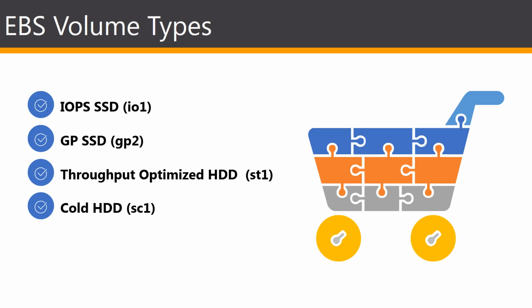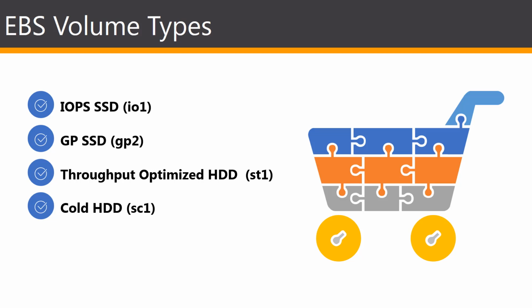The SSD-backed volumes include the highest performance provisioned IOPS SSD, or IO1, for latency-sensitive transactional workloads, and the general-purpose SSD, or GP2, that balances price and performance for a wide variety of transactional data. The HDD-backed volumes, on the other hand, include a throughput-optimized one, the ST1, for frequently accessed throughput-intensive workloads, and the lowest cost cold HDD, SC1, for less frequently accessed data.